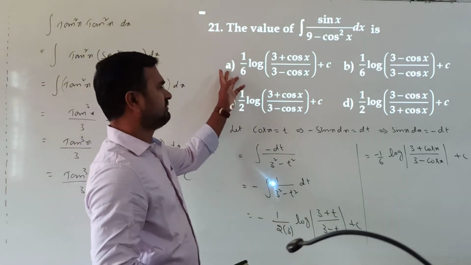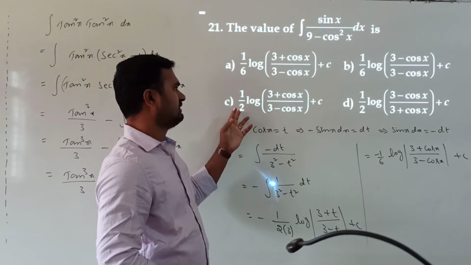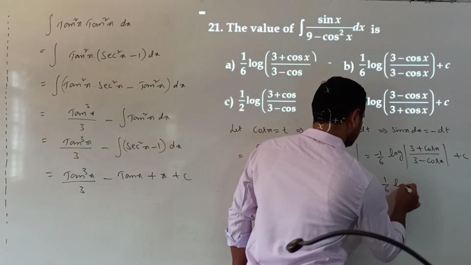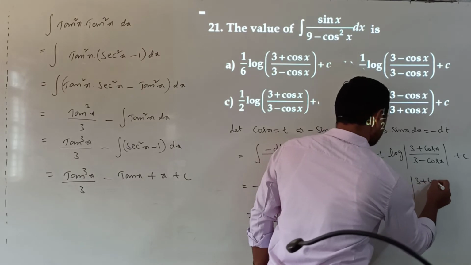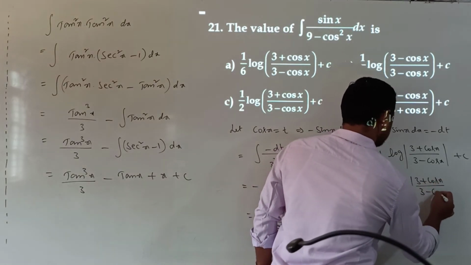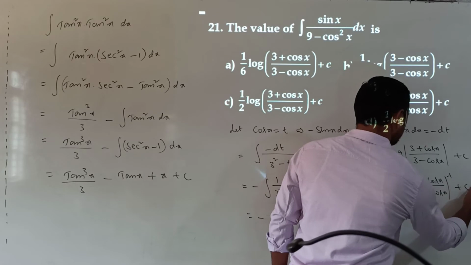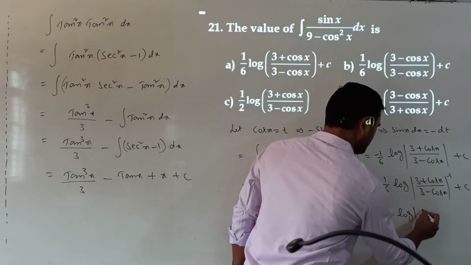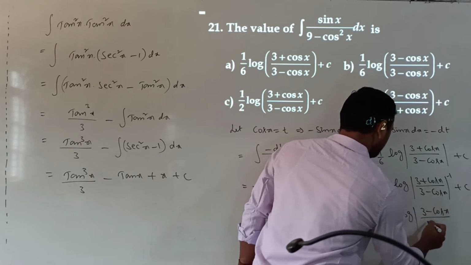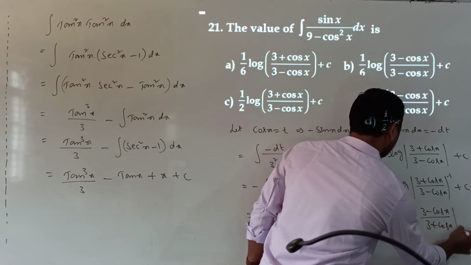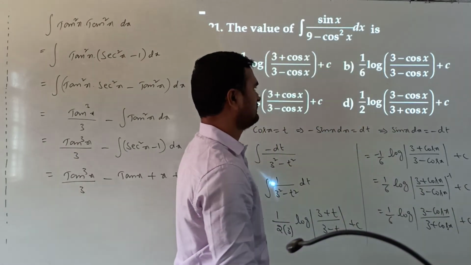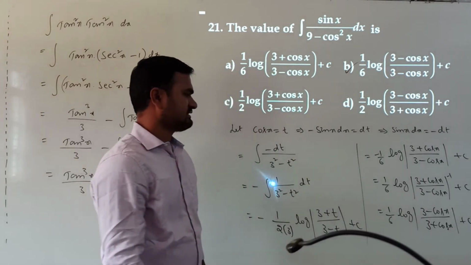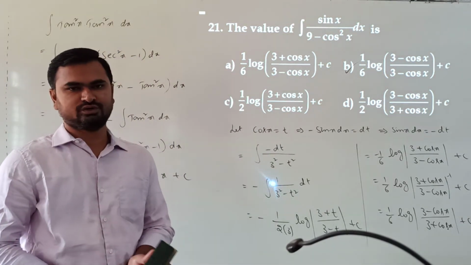So we don't have an option in the form minus 1 by 6. Okay, so let's take the minus to the power of log: 1 by 6 log of 3 plus cos x by 3 minus cos x to the power minus 1, plus c. So taking the reciprocal, power minus 1 means 3 minus cos x by 3 plus cos x, plus c. So the required answer is 1 by 6 log mod 3 minus cos x by 3 plus cos x. Okay.